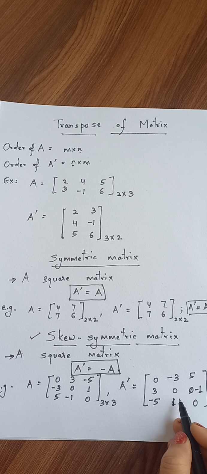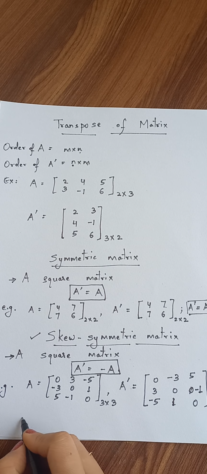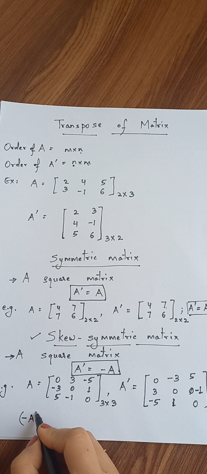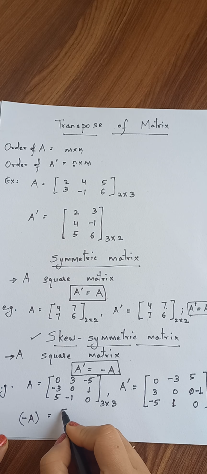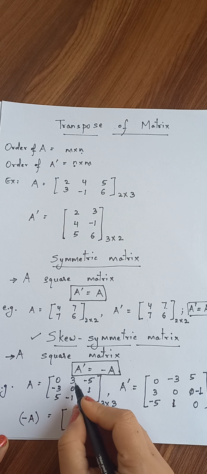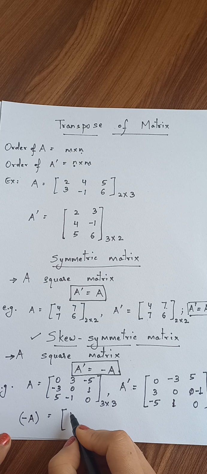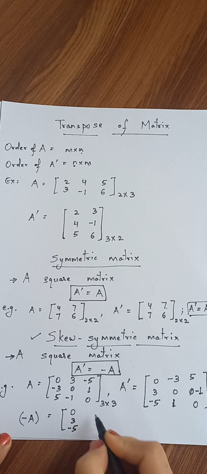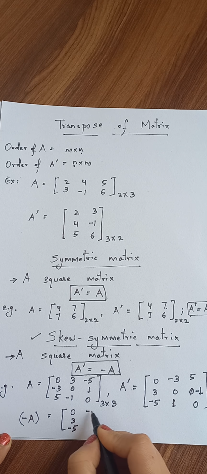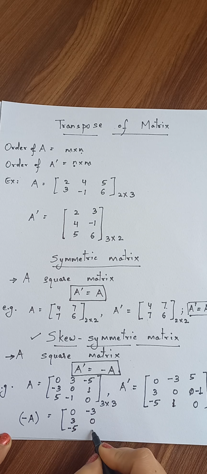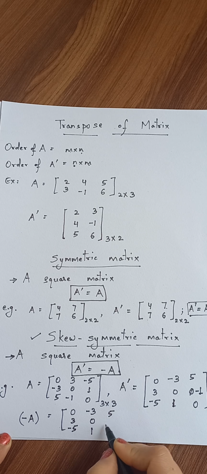Now if we find the value of -A, the negative of this matrix, the negative means the sign of each and every element gets changed. 0 remains the same, otherwise all other values change sign.